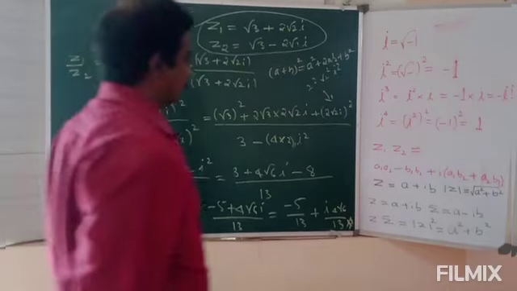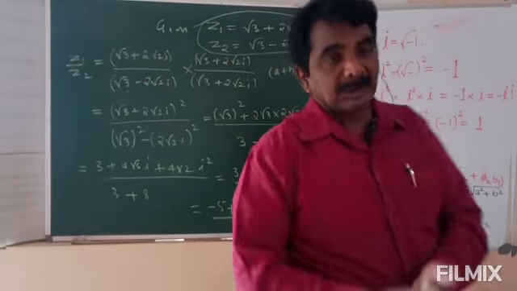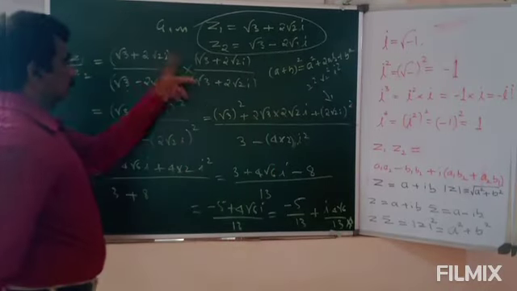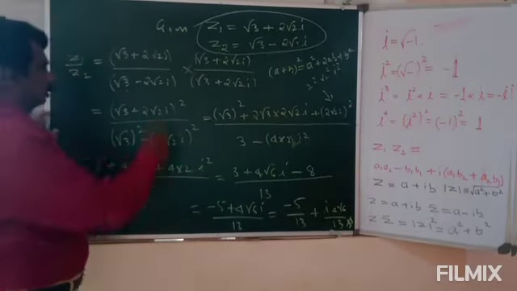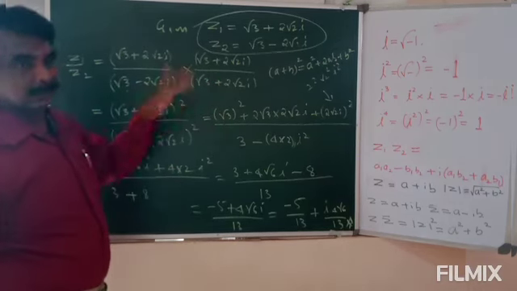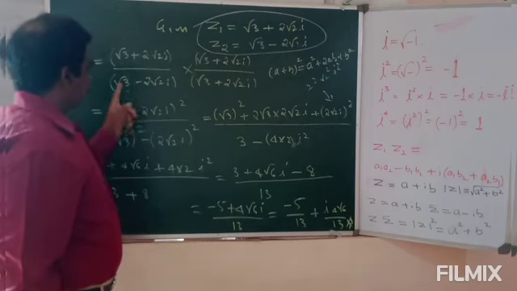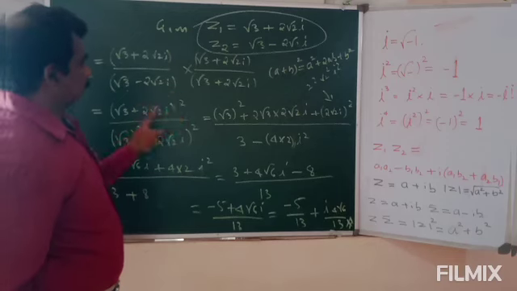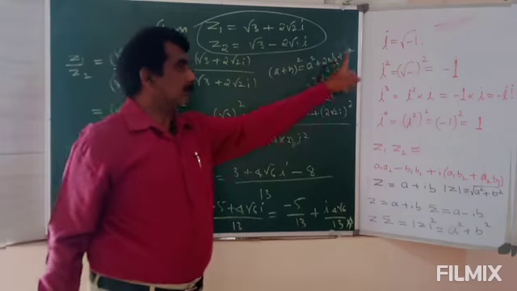No problem. Root 3 plus 2 root 2i, root 3 plus 2 root 2i is root 3 plus 2 root 2i whole square. Next, a minus b into a plus b is a square minus b square. A plus b whole square is a square plus 2ab plus b square. What is the value of a?